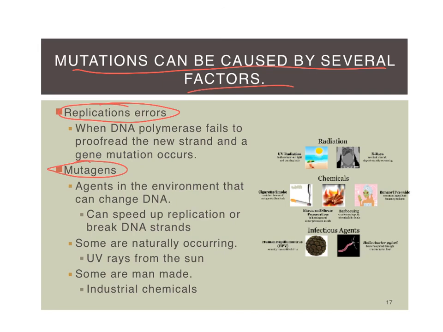They can either speed up replication or break DNA strands. Some are naturally occurring, for example, UV rays from the sun. Okay, and some are man-made, like industrial chemicals, specifically some of the heavy metals that are used in manufacturing can cause some pretty severe mutations.